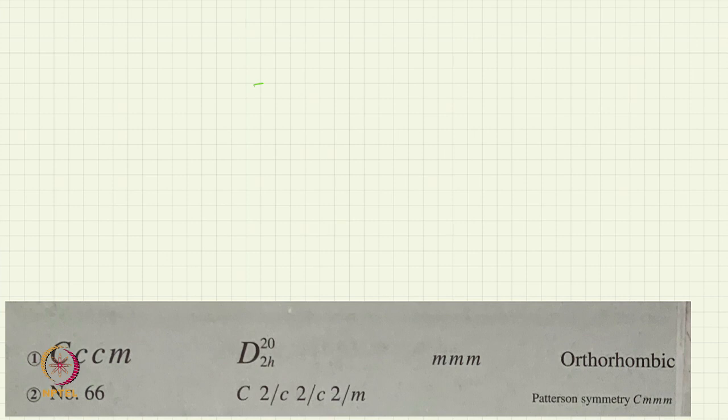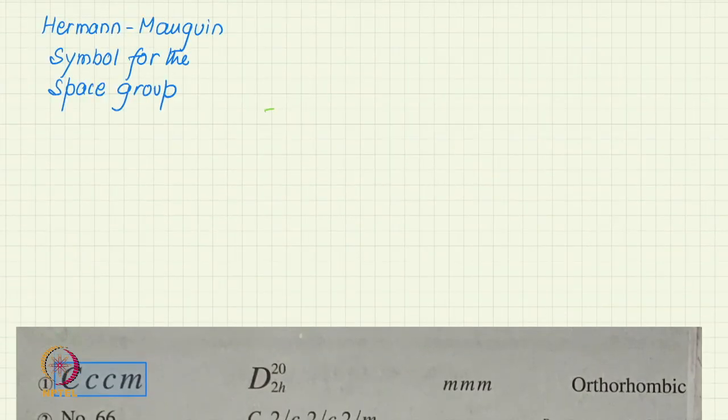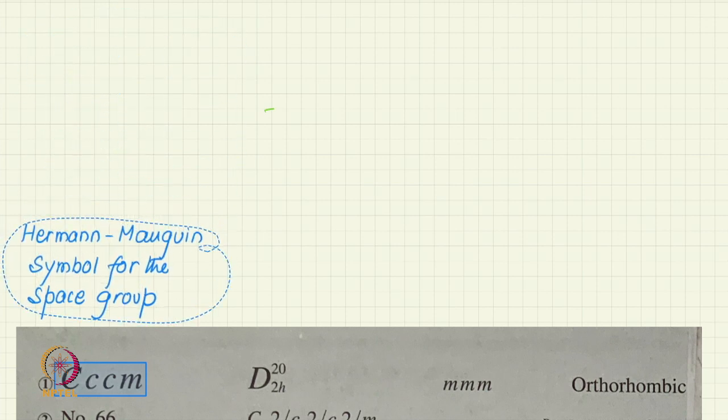The first piece of information in the headline is here, which is written here as CCCM. So, this is called the Hermann-Mauguin notation symbol for the space group. Let me put it close to the symbol itself. So, I bring it here. So, this is the Hermann-Mauguin symbol for this particular space group.